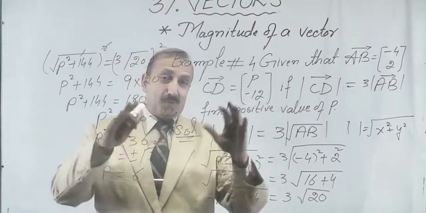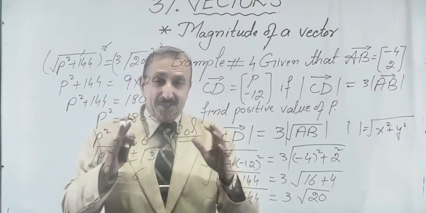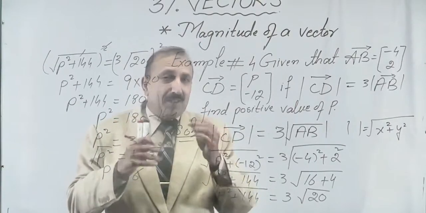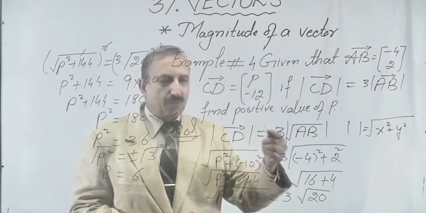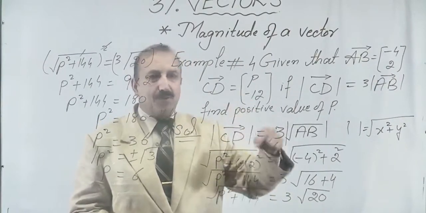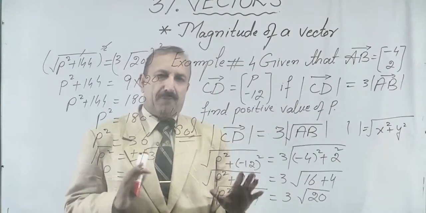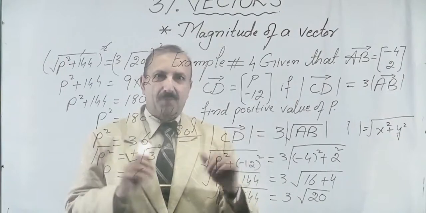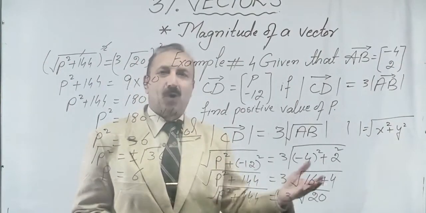Now this is all about magnitude and its application, and I hope you have learned a little. Improve this with a little more practice, or you can revise this while watching this video. Revise these examples 1, 2, 3 times, and I assure you that you will have very good command of this concept, finding magnitude and the use of magnitude in the problems of vectors.